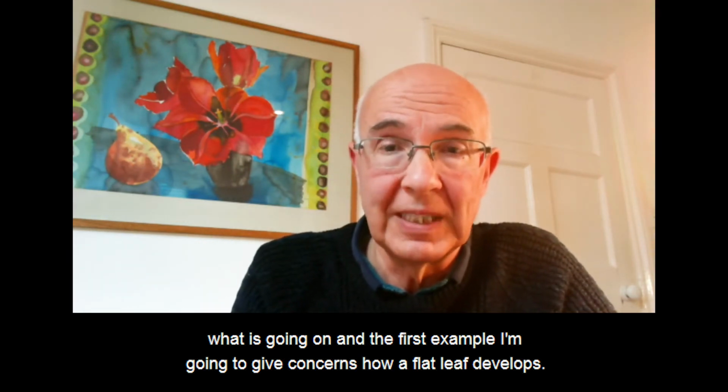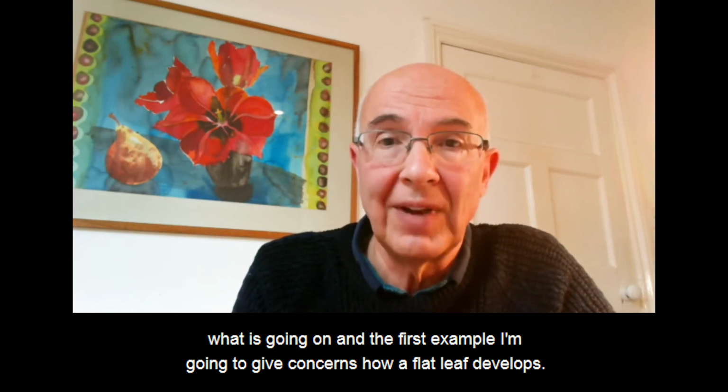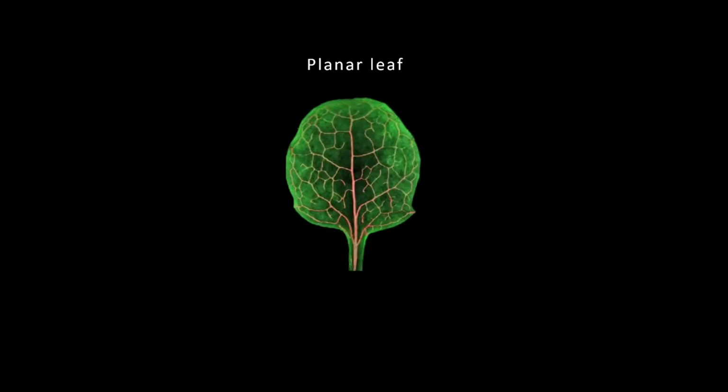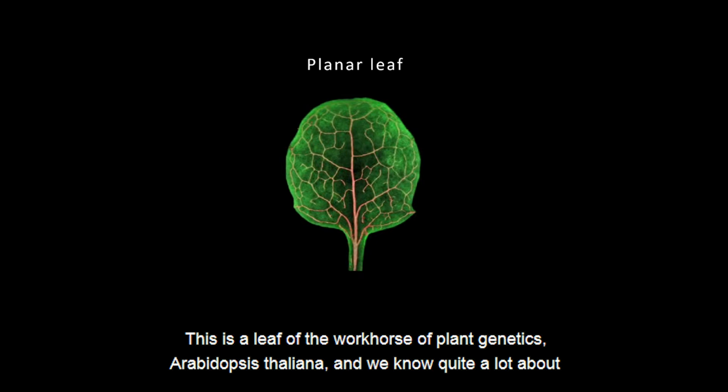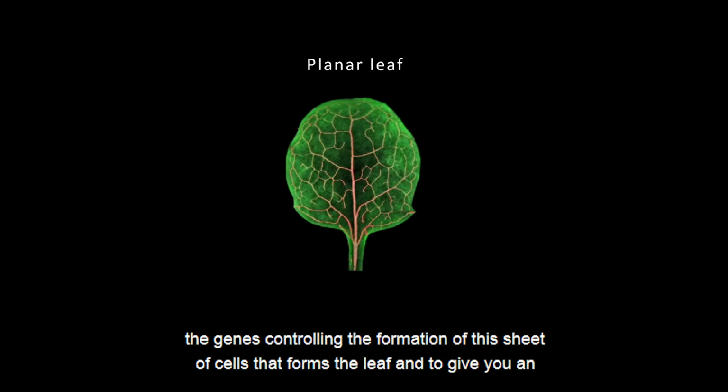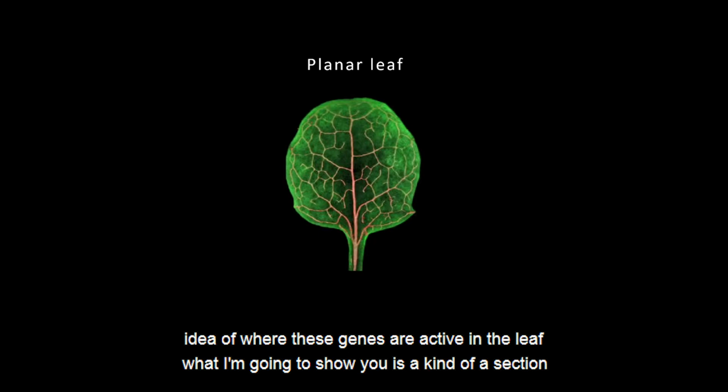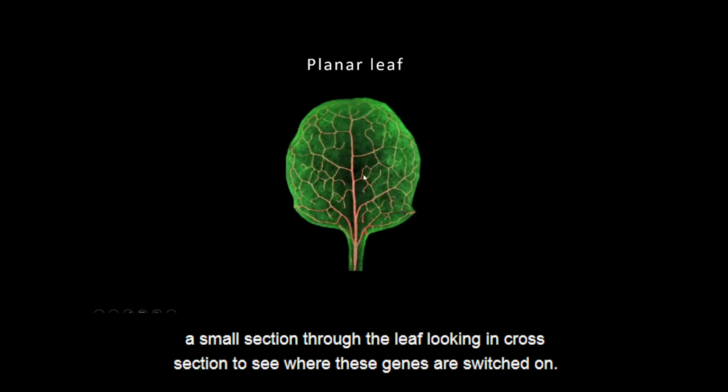And the first example I'm going to give concerns how a flat leaf develops. This is a leaf of the workhorse of plant genetics, Arabidopsis thaliana. And we know quite a lot about the genes controlling the formation of this sheet of cells that forms the leaf. And to give you an idea of where these genes are active in the leaf, what I'm going to show you is a small section through the leaf, looking in cross-section to see where these genes are switched on.